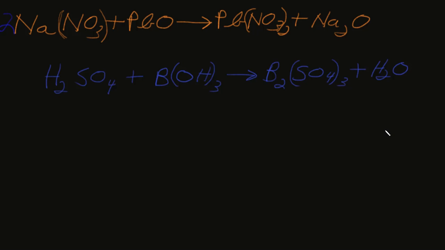Well, if you remember one of the hints I told you, sometimes when you see water, especially if you don't see water on the reactant side but you see it on the product side, it is much easier to go ahead and break that down as HOH. So I'm going to rewrite this.